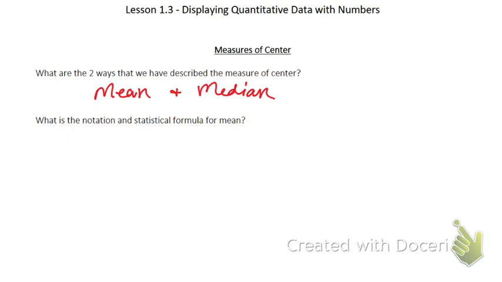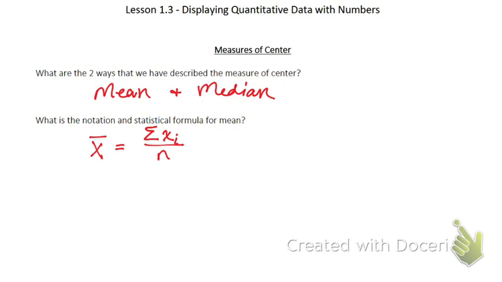The notation for mean is X bar. When you see X bar, you should know that it is the average of the X's, or the numbers, right? So X bar equals, you ready for it? The summation of X sub i divided by n.